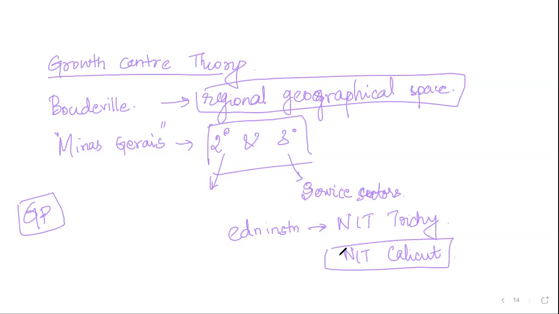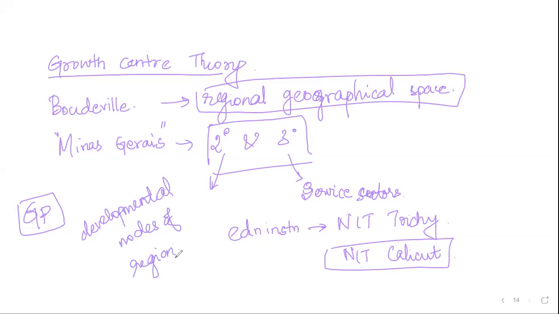So it will have a functional value, and the functional value can be both tertiary as well as having a secondary character to it. Growth centers are a regional geographical space, with secondary sector and tertiary sector. They will serve as developmental nodes of a region.